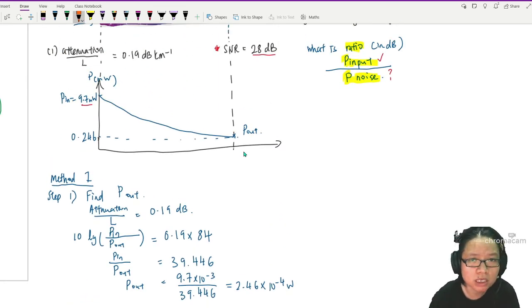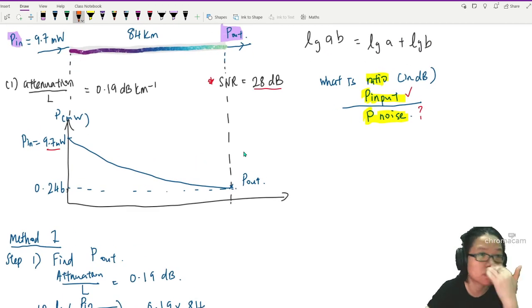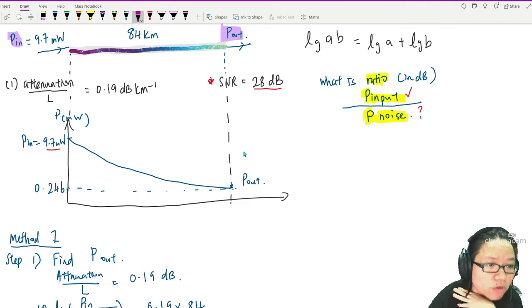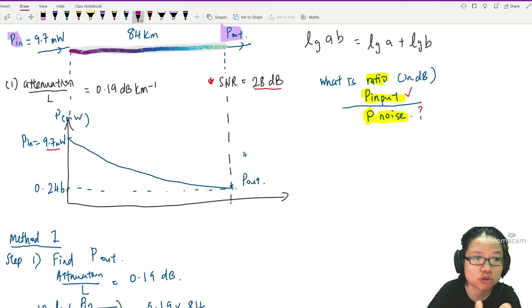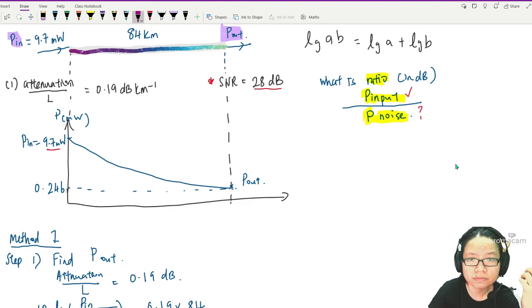Okay, so maybe if we zoom in a bit and we think about what is happening. When we travel from here to here, there are a few ratios. The first ratio I have is the fact that this P in and P out will not be the same. So 0.19 decibel per km. So the first ratio that I have is the attenuation, which is 10 log, depending on what you want.